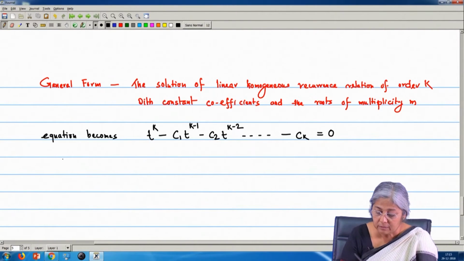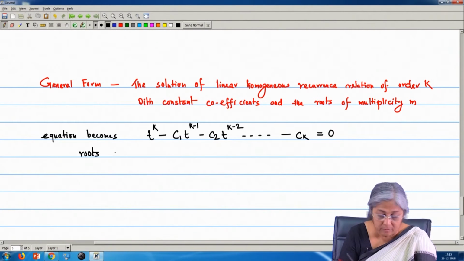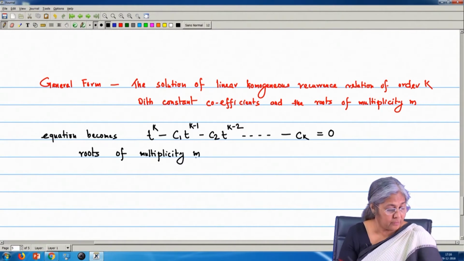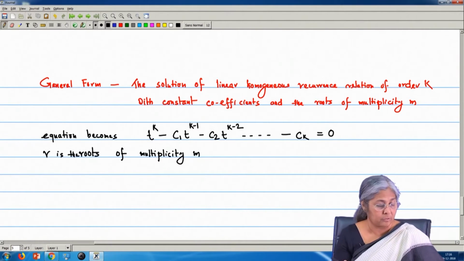And we will be getting the roots of multiplicity m, or I write that r is the root of multiplicity m.